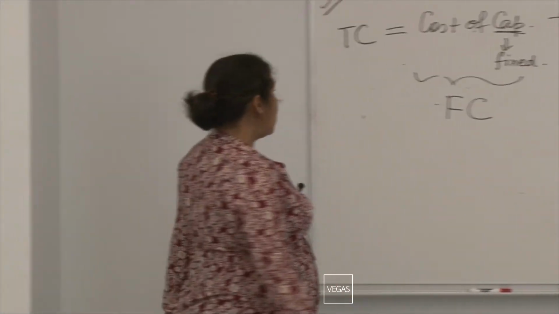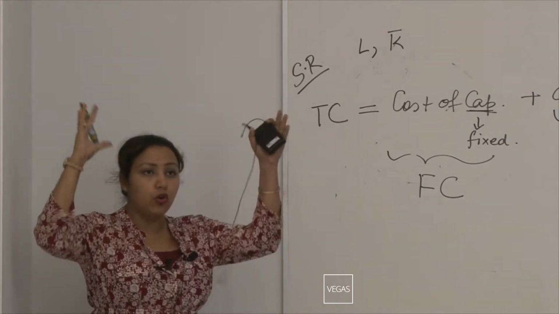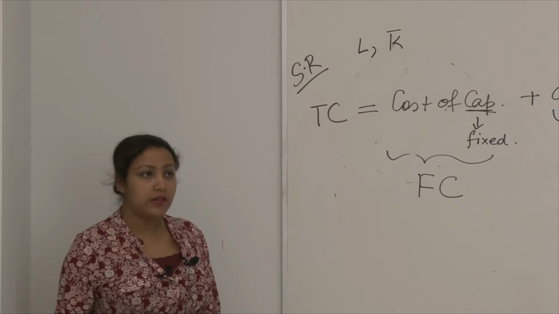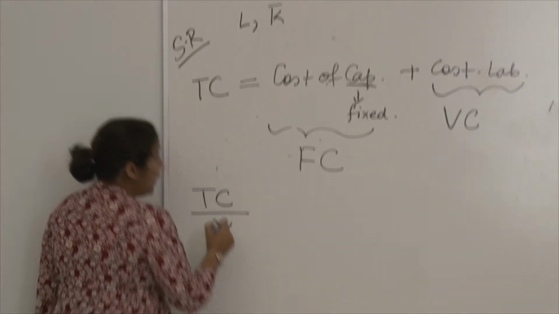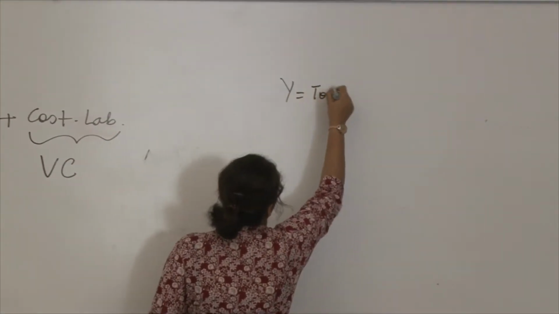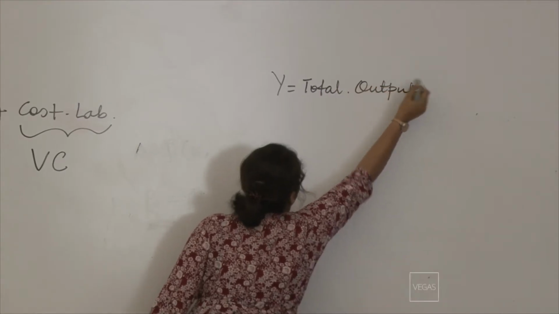Correct? So let's say I am dividing the left hand side of this equation by total output or total product, which is that capital Y. So I am dividing the total cost by Y, where please remember that Y is my total output or total product, the same thing, the TP.